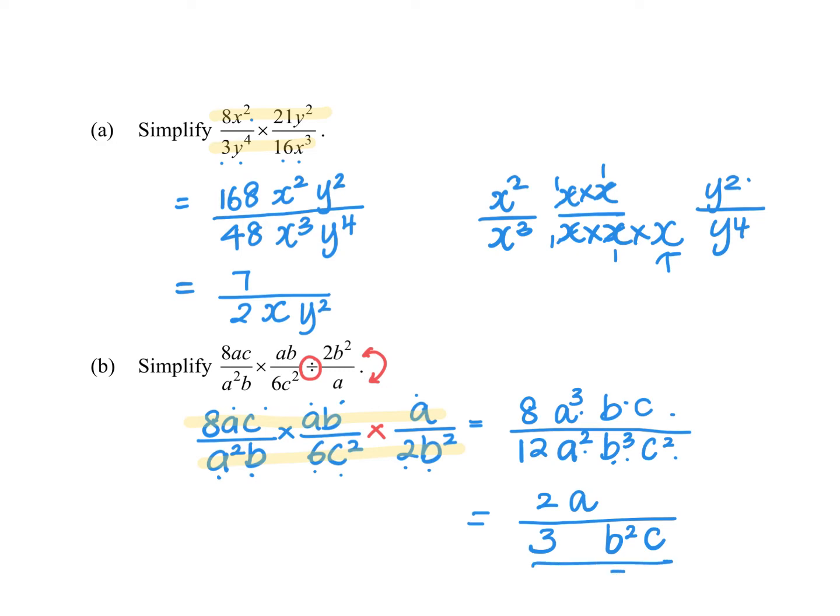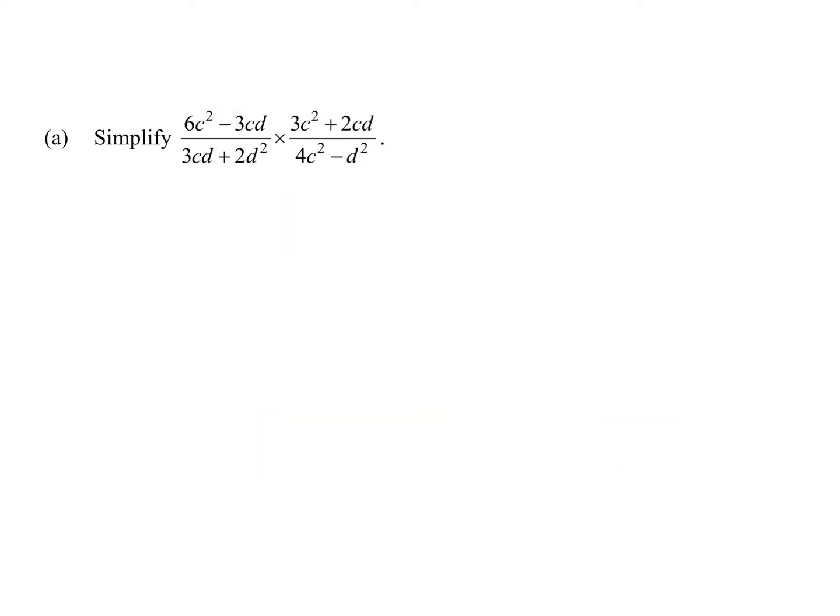For this type of question, you notice the expression itself has no addition or subtraction sign. We can simply cancel out the common factors. Now, next type of question. What happens if we have expressions involving addition and subtraction signs? Can we simply cancel out c squared with c, 3d with d, and numbers with numbers?